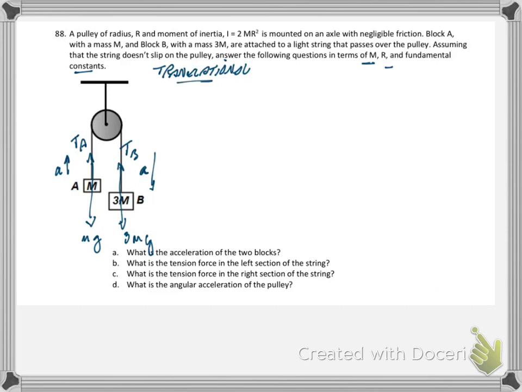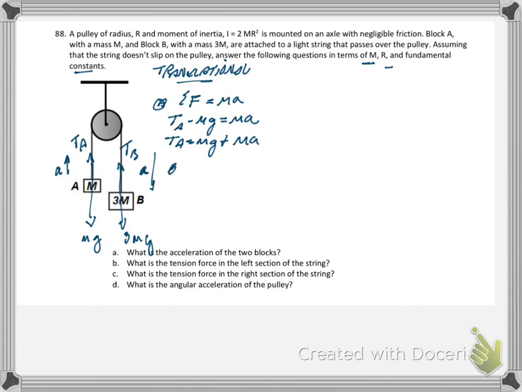Let's do the translational first. For each one, let's do A. So we have sigma F equals ma. We have tension A up minus mg down equals ma. So tension A equals mg plus ma.